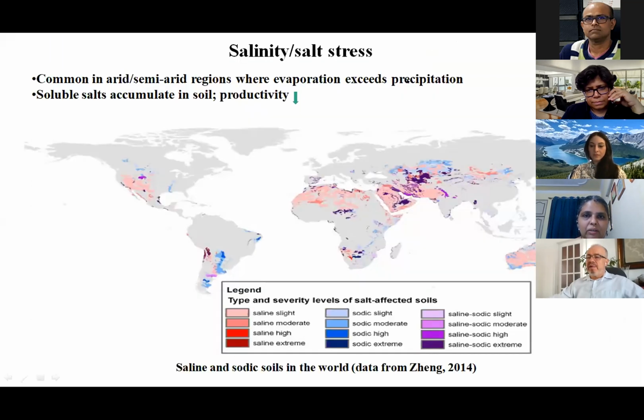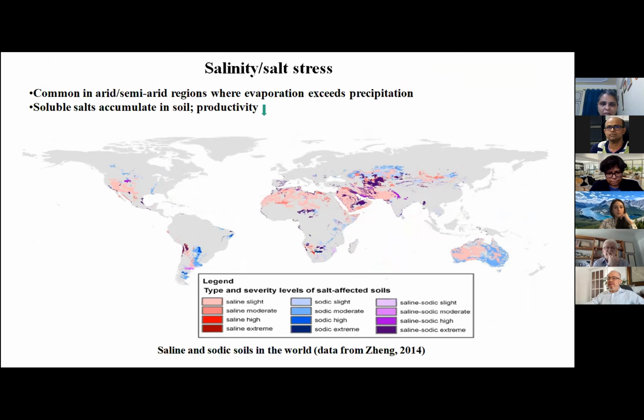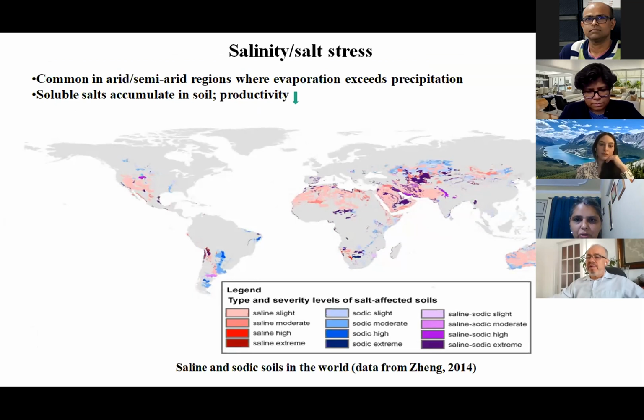And if we try to see this in terms of saline salt stress, the common arid and semi-arid regions where evaporation exceeds precipitation, it results in salt accumulation in the soil, and definitely it would lead to reduction in the productivity.